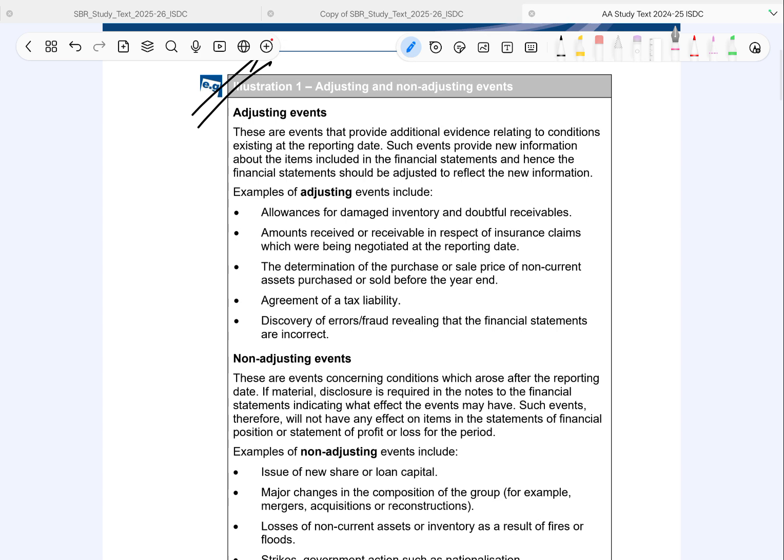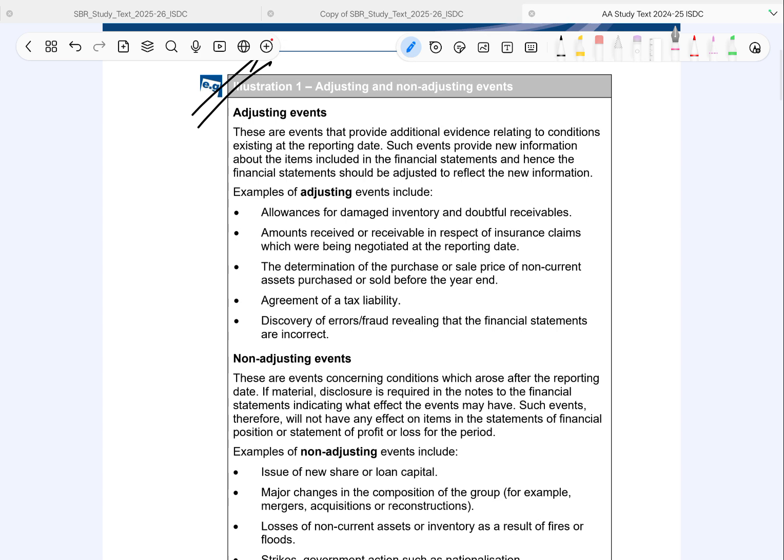The issue already existed, now we have clearer numbers. Insurance claims being negotiated, now we finally know how much we'll get. Sales or purchase price of assets decided after the year end, but the transactions relate to before year end. Tax liability agreed. Again, it existed earlier, now it's confirmed. And a big one: errors or frauds discovered, meaning the financials were wrong.